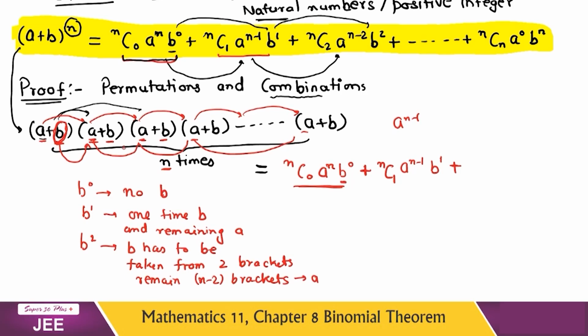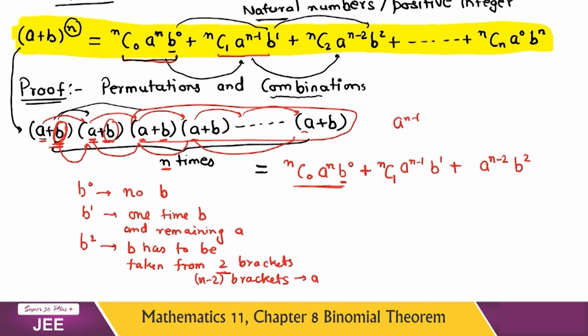So we have n brackets. Out of these n brackets, we have to select 2 brackets for b. Let us consider these are the 2 brackets. From the remaining n minus 2 brackets, I am selecting a. So a will be coming n minus 2 times, so a raised to the power n minus 2. And b is coming 2 times. b multiplied by b gives us b square.